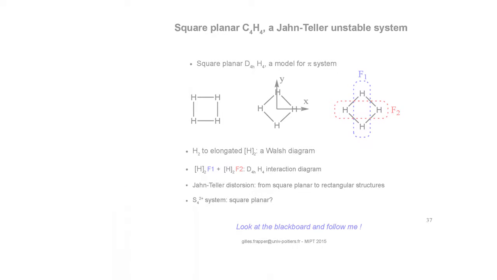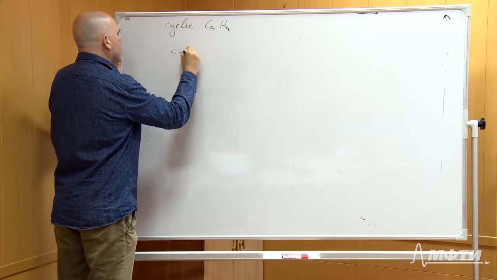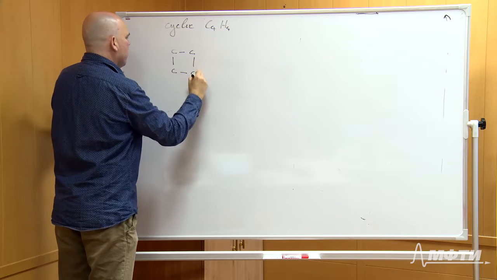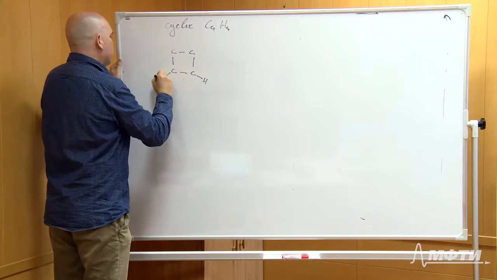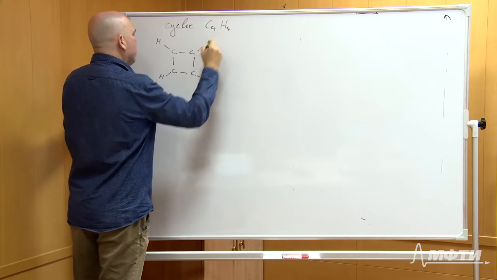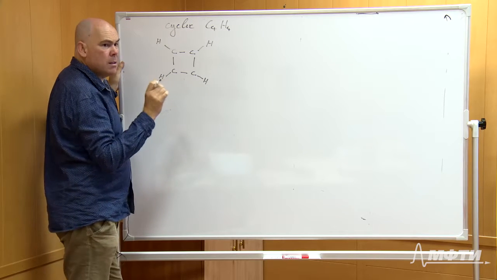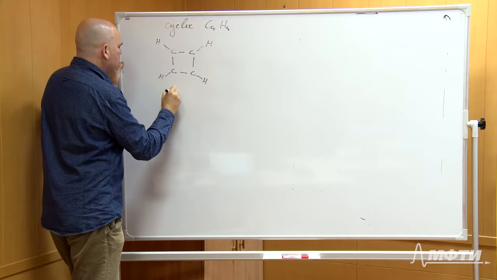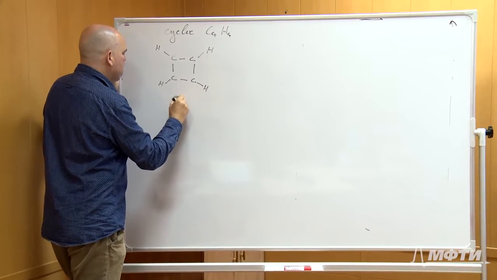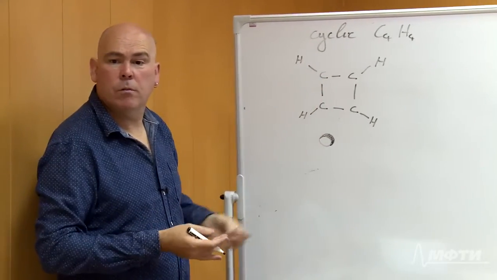Why may you use H4 as a model? If you look at C4H4, you may start from a square of C4 like this, and if you look at the pi system, you look only at these orbitals, the orbitals perpendicular to the plane of C4H4.